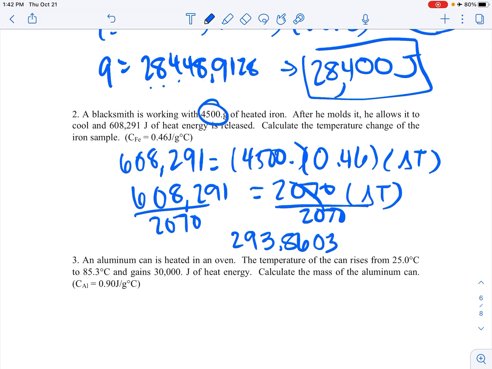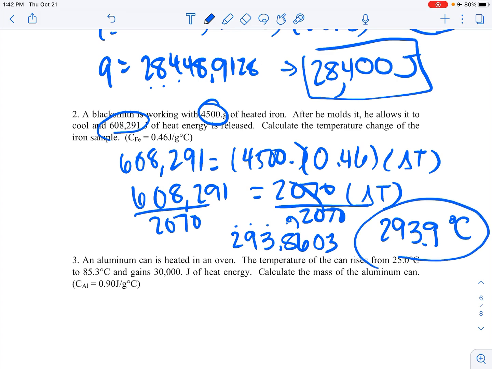So we've got 4 sig figs here, 6 here, looking for 4. 1, 2, 3, 4. The 6 rounds that up to 293.9 degrees Celsius. That's a lot.